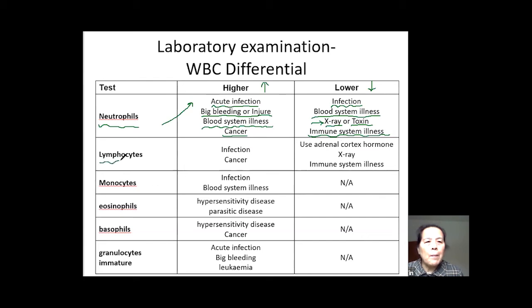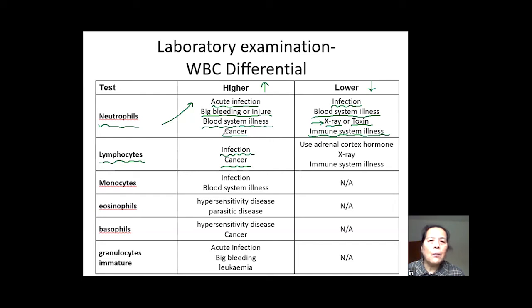Then we talk about lymphocytes. That's the second biggest number of white blood cells. If the number increases, it is still by infections, and it is also possible for cancers.